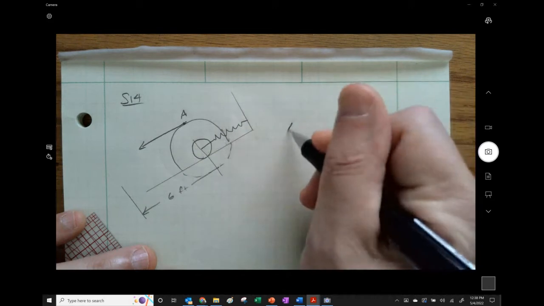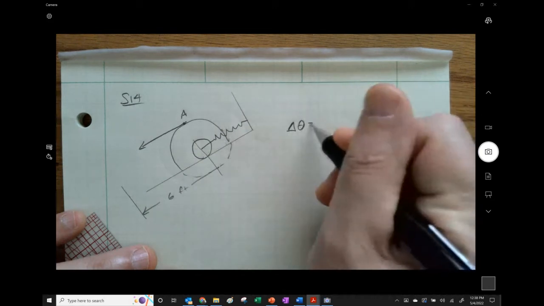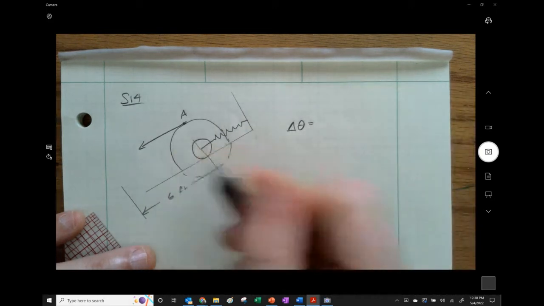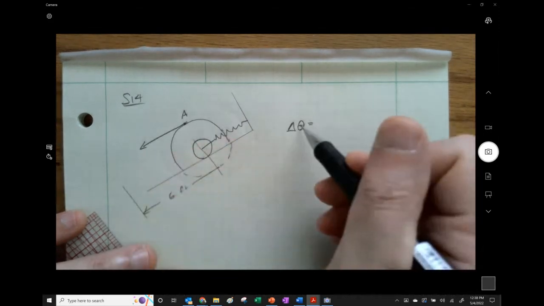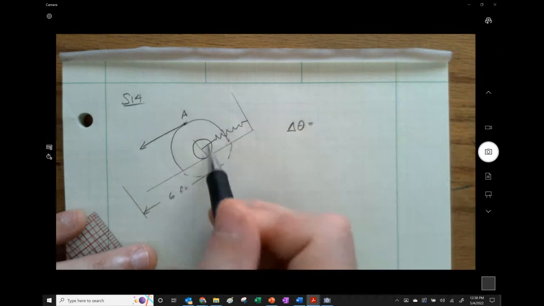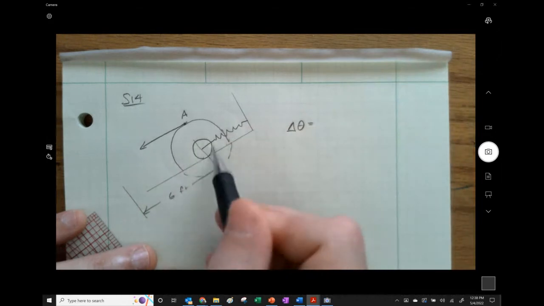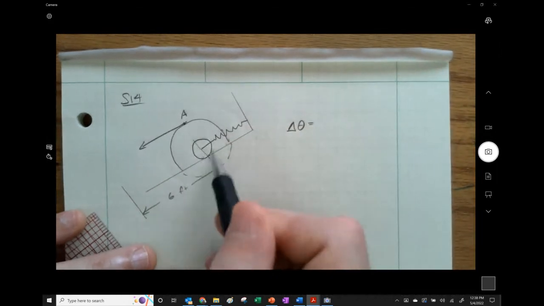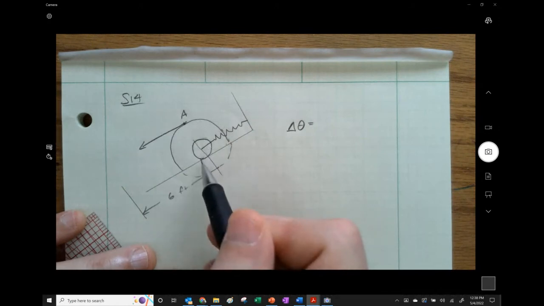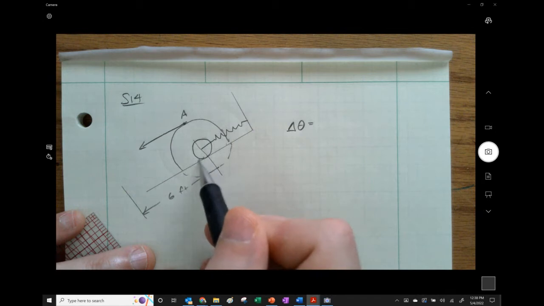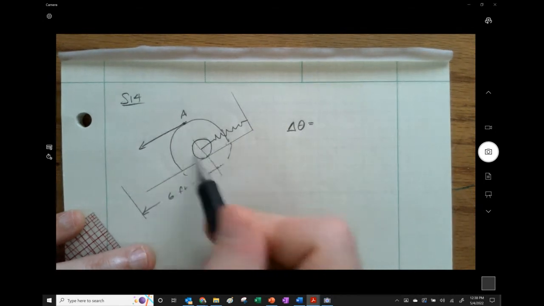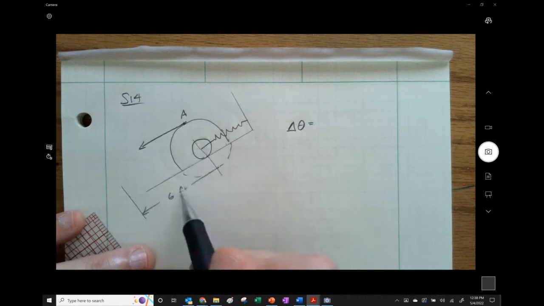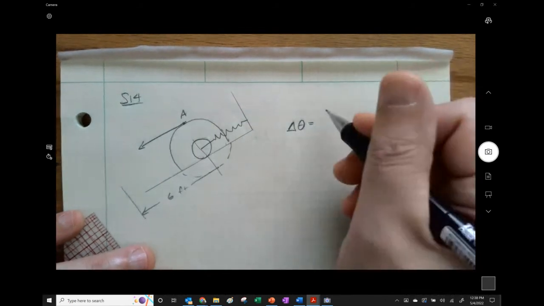So that means that we're going to have a delta theta of this piece right here. So this thing's going to roll and produce a delta theta. We kind of zoom in and ask how many, I think of them as circumferences, if that's a way of thinking it, right? You can actually see as this thing is moving down the slope, what's the angular displacement it will make by moving 6 feet.